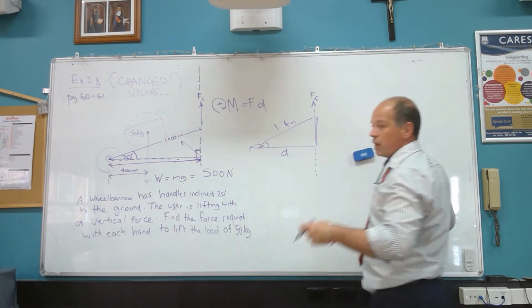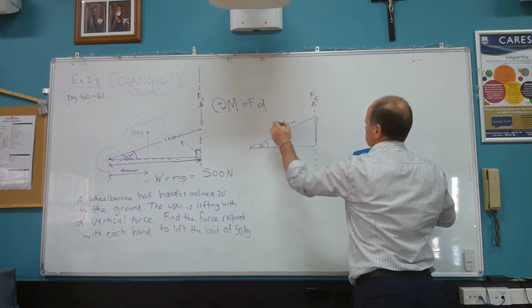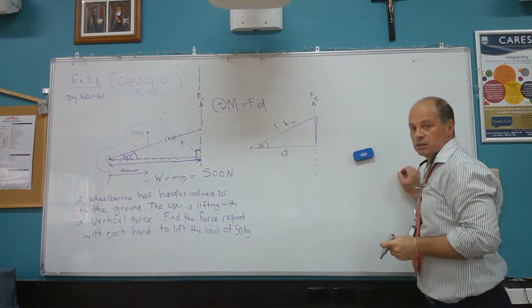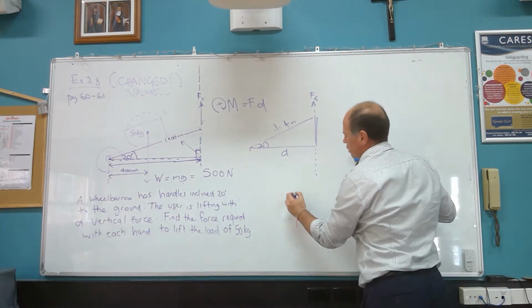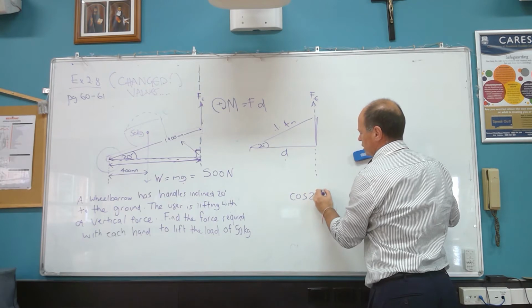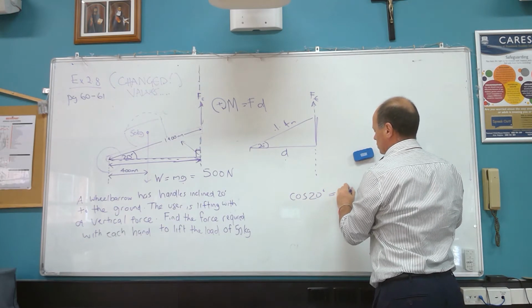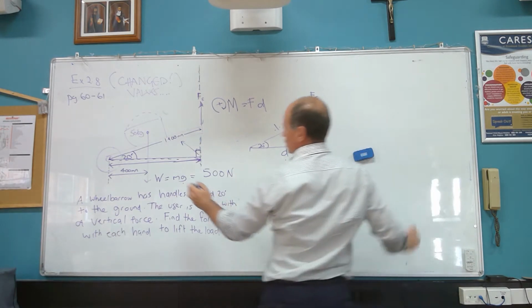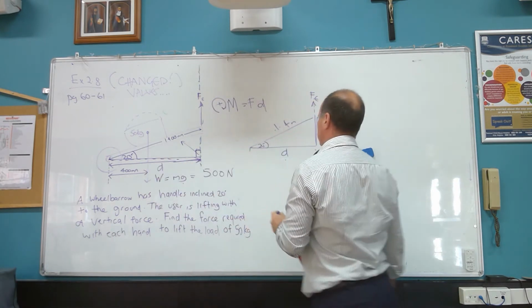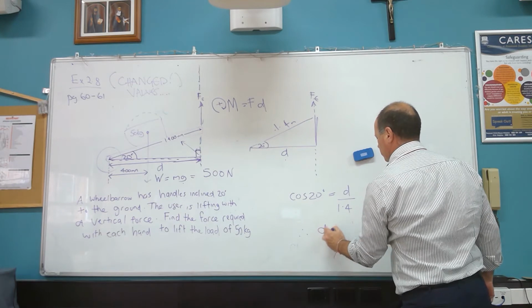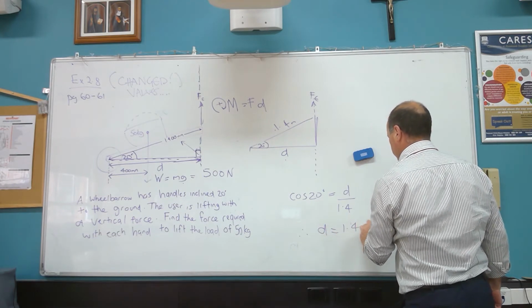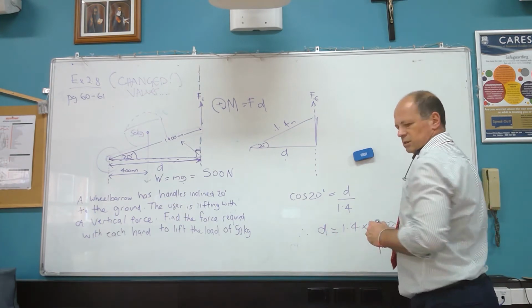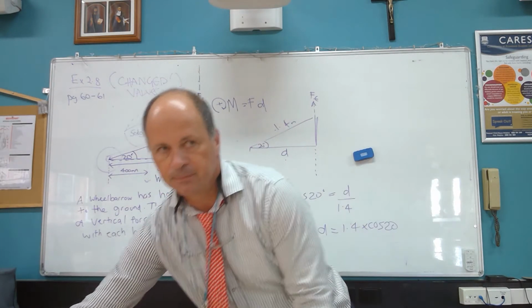Okay, so SOHCAHTOA, adjacent on hypotenuse, is cos. So we go cos 20 degrees is equal to d over 1.4, which is this distance here, d, that's what we're trying to work out. Therefore, d is equal to 1.4 by cos 20. Get our calculator out.